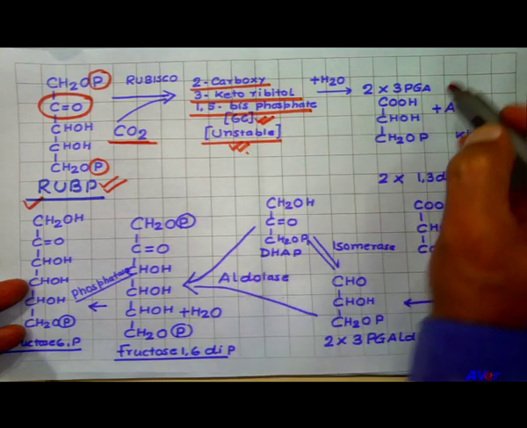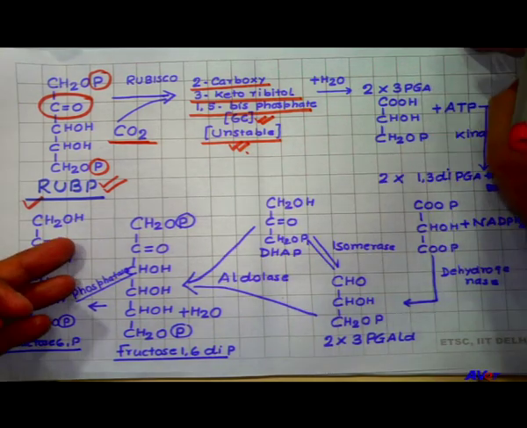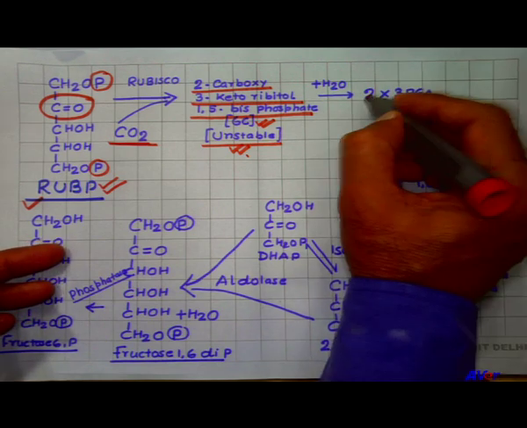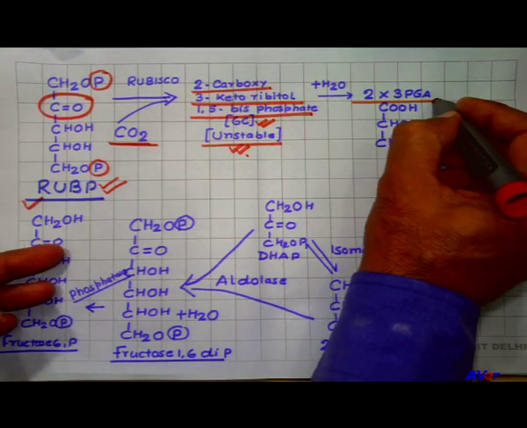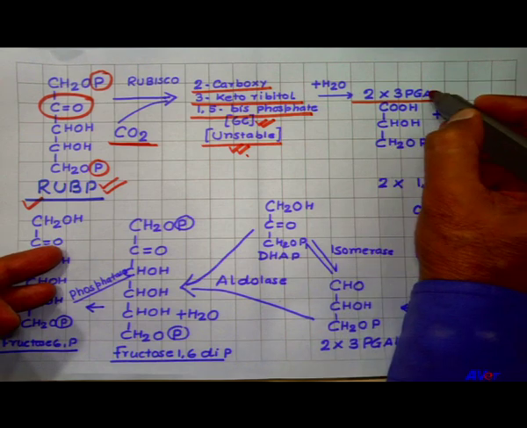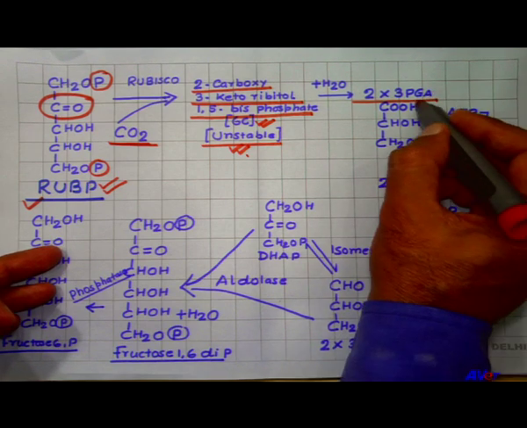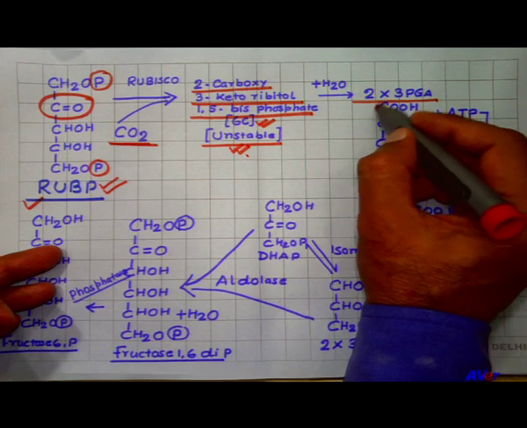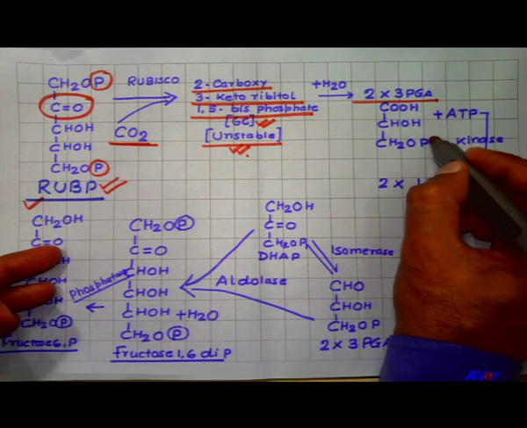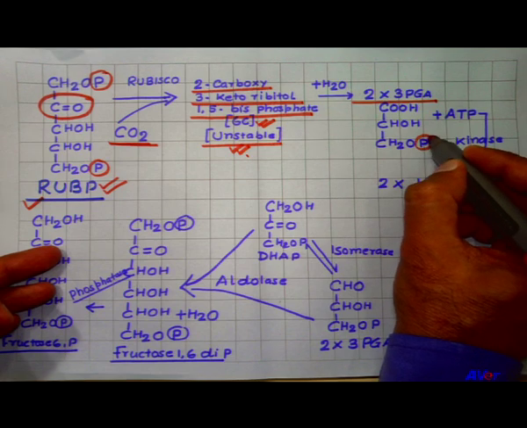So, it is going to break down into 2 molecules of 3-PGA, phosphoglyceric acid, where the functional group is acid and 1 phosphate group is there.